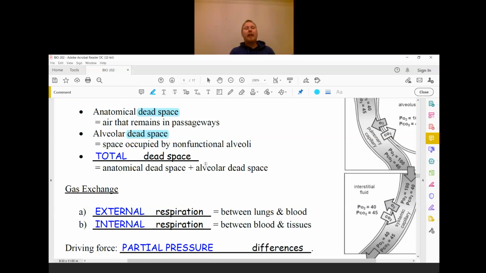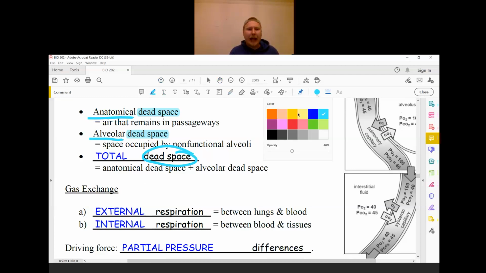It is air that really doesn't contribute to the respiratory volumes or capacities, it just remains there, whether because it remains within the passageway as anatomical dead space, or because it is in non-functional alveoli or non-functional parts of the respiratory system. That's what gives us the dead space.